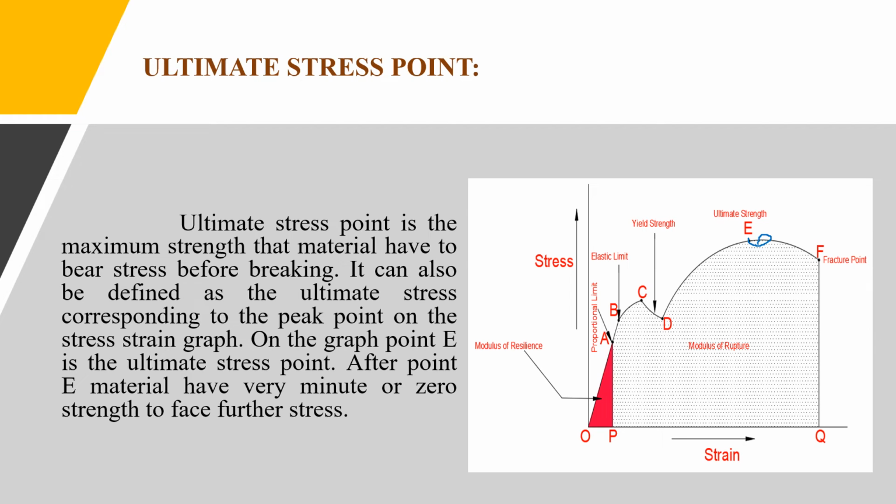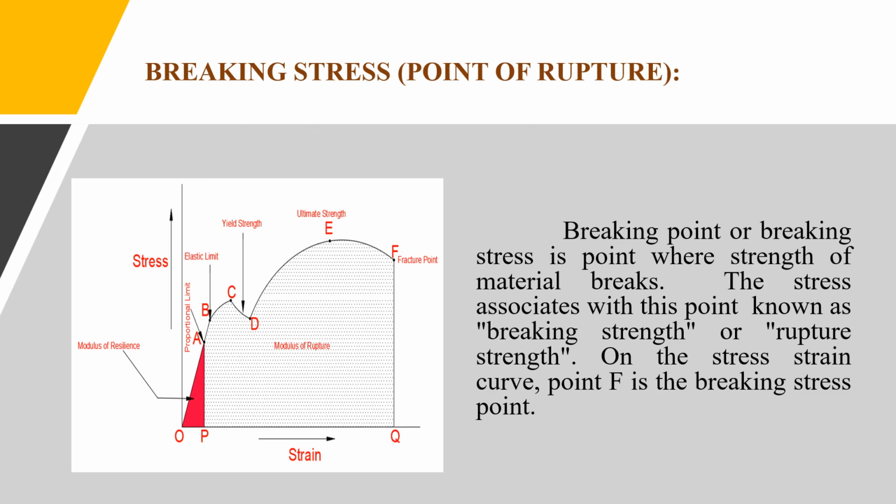And the next point is the fracture point or breaking point or point of rupture. This is the F point. In this figure, you can see this point F is the breaking point. At this breaking point, the material loses its strength, meaning it will break.